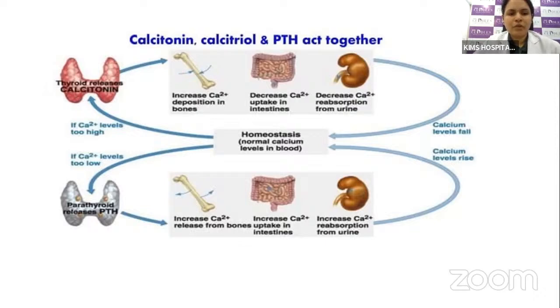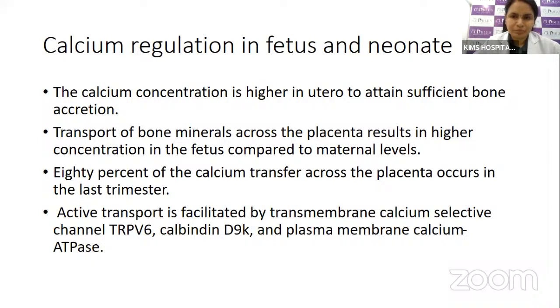So when calcium levels go up too high, the thyroid gland releases calcitonin, which decreases calcium reabsorption from the urine and decreases GI calcium uptake, as well as promotes calcium deposition in the bones, effectively reducing the calcium levels. On the other hand, when calcium levels fall too low, then parathormone secretion is increased, which results in elevating calcium levels.